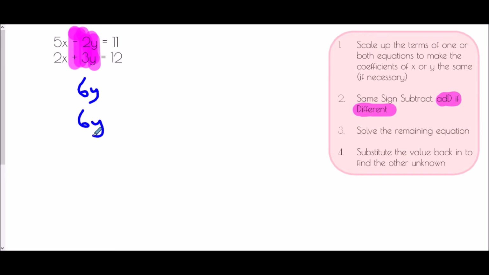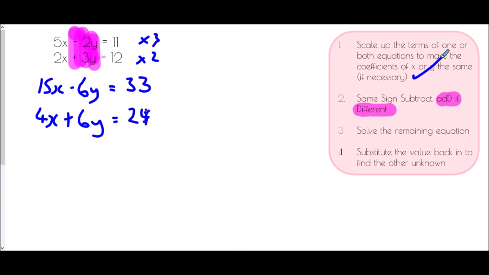So this one, the top one, will still be a negative, the bottom will still be a positive, but the first equation has been multiplied by 3, so everything at the top needs multiplying by 3, giving me 15x, giving me 33 at the end. In the second equation, everything was multiplied by 2, so that gives me 4x at the front and 24 at the end. We've done the first stage.